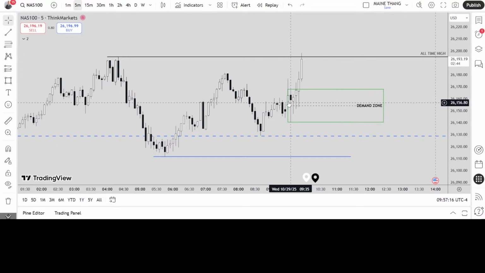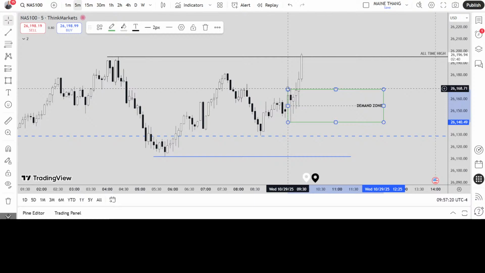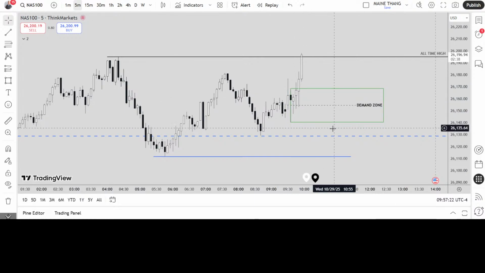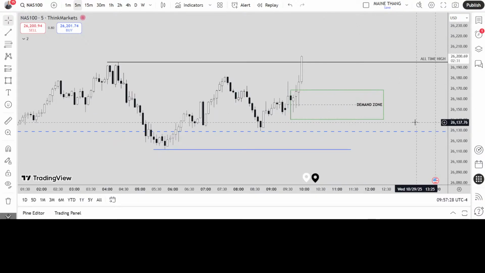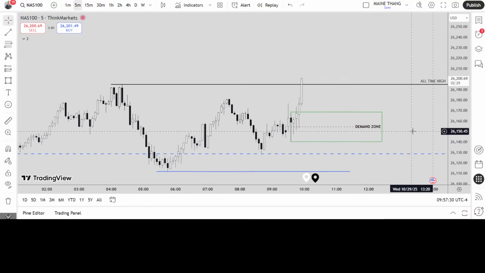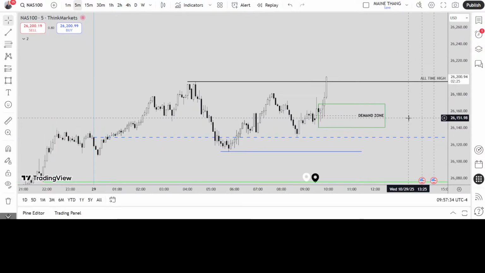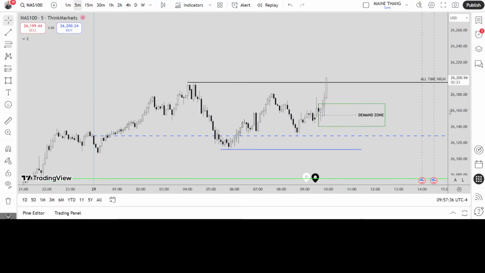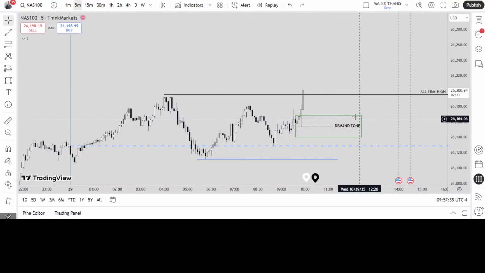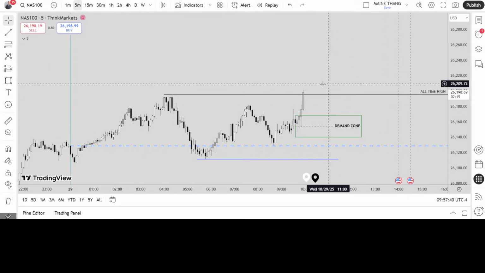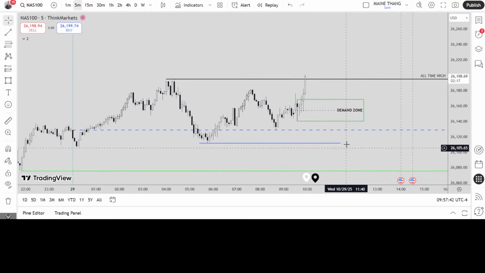All of these are in the same vicinity, so this works out because it has such a long wick. Now we're going to see if price comes back and gives us an entry here, or makes a new demand zone, or it just totally goes in the opposite direction.